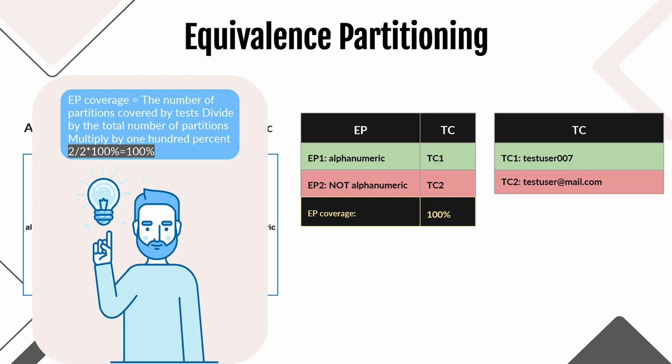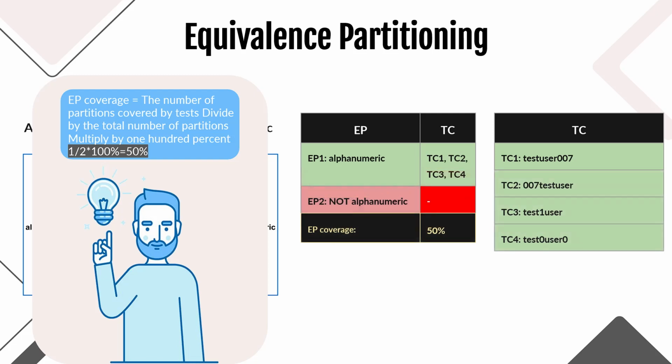Again, if we tested only the valid partition, then the test coverage would be 50%, because only one of the 2 partitions will be covered by tests. And even if we had more than one test for a valid partition, the percentage of test coverage would remain at the level of 50%.